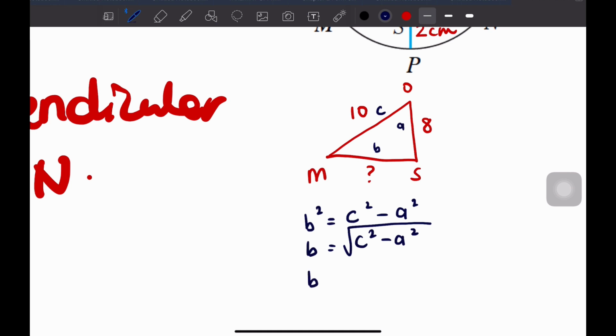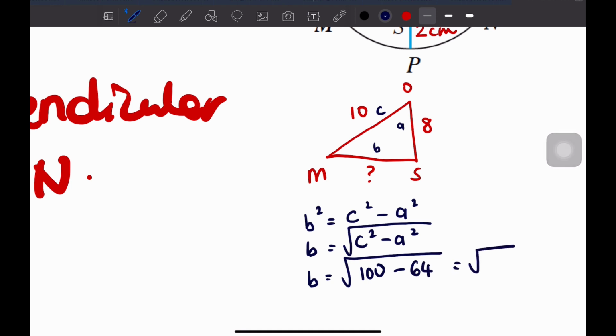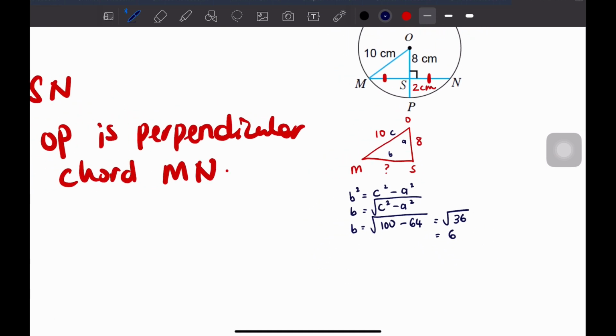C is 10, 10 square is 100, minus A is 8, 8 square is 64. 100 minus 64, you will get 36. The square root of 36 is 6. So MS is 6 centimeter.